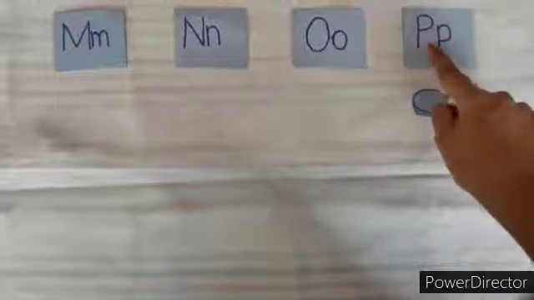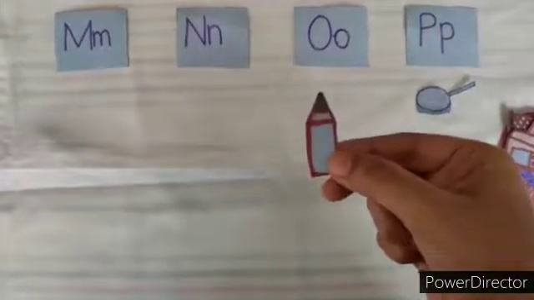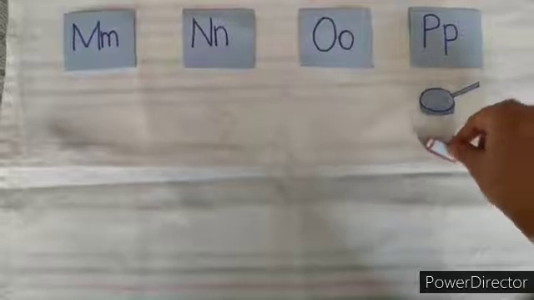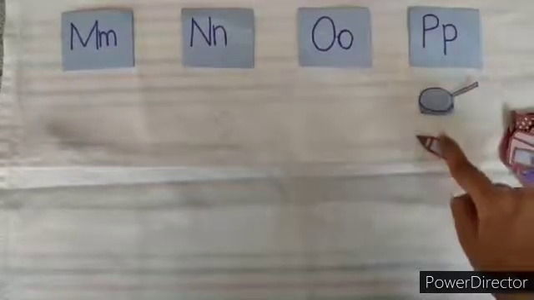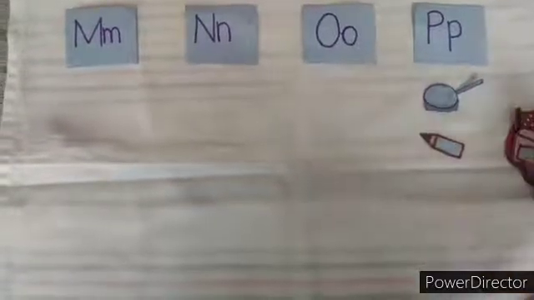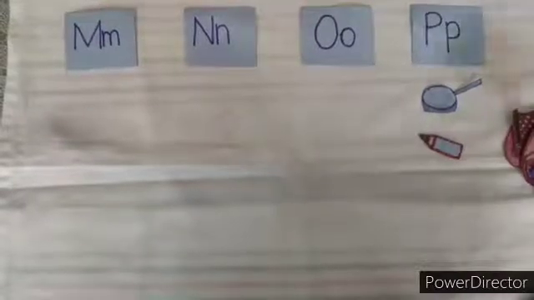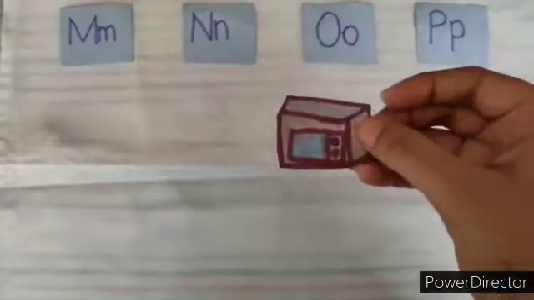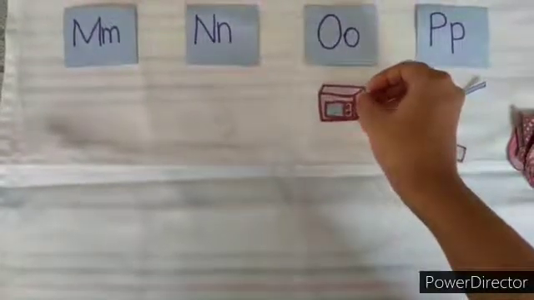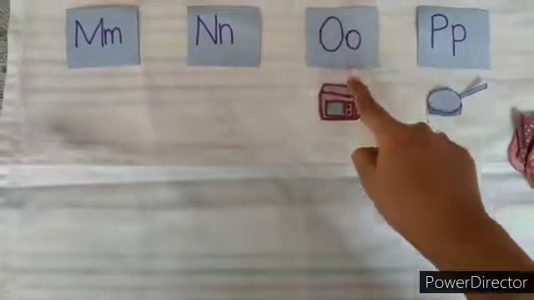Pan. P for pan. Next, pencil. P for pencil. Oven. O for oven.